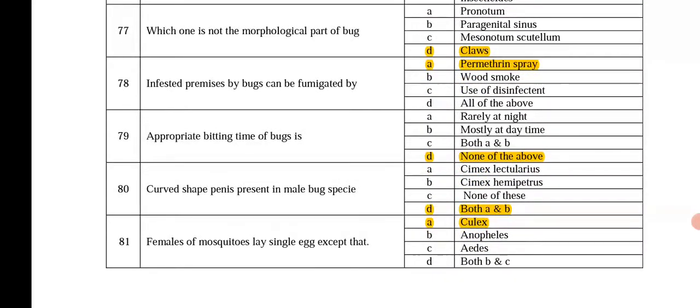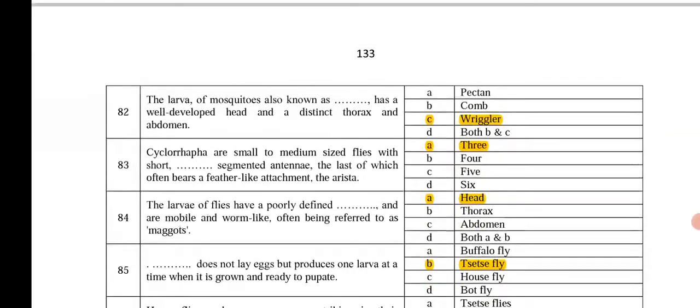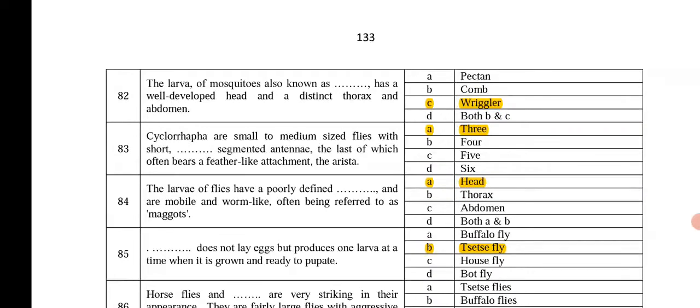The appropriate biting time of bugs. The curved shape present in male bug species is both A and B, Cimex lectularius and Cimex hemipterus. Females of mosquitoes lay single eggs except Culex. The larvae of mosquitoes have a well-developed head and a distinct thorax and abdomen.